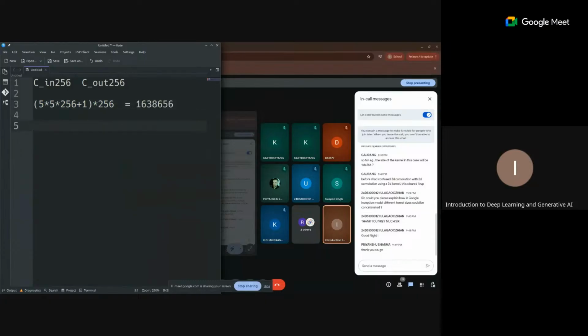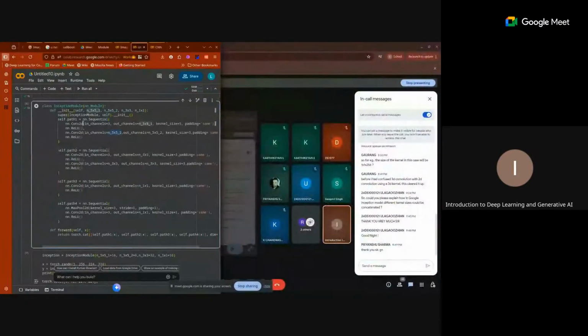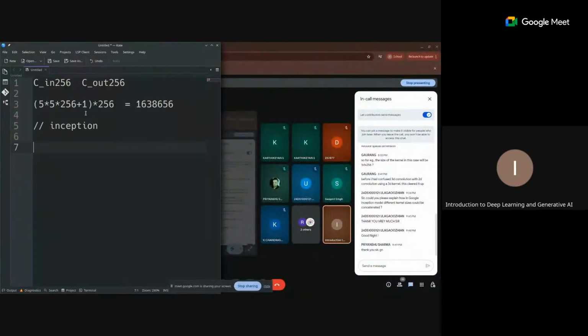Now let's do an inception module. I'll do a simple inception module. In one part of the inception module, we'll use the 1 cross 1 convolution to reduce the number of sizes, maybe to 64, plus 1.